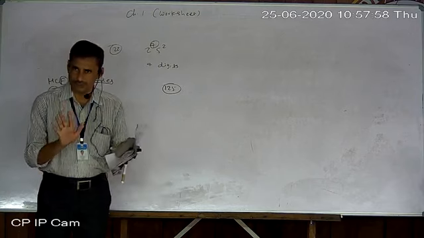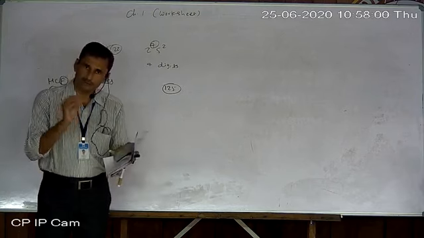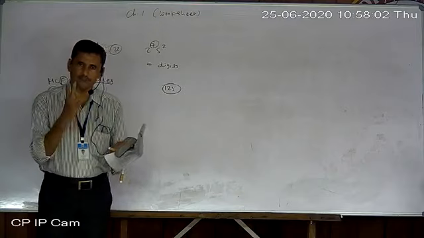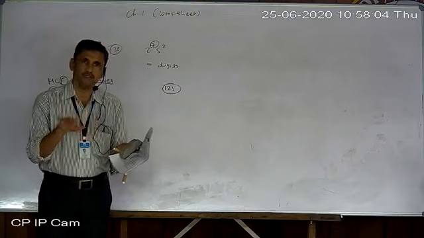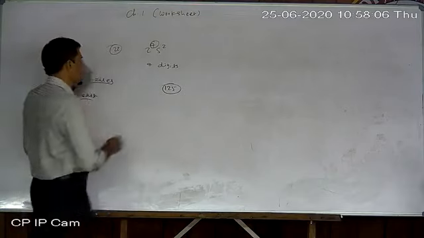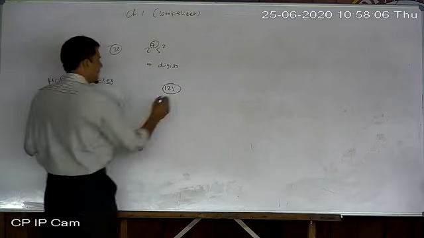If any p by q form number is there, then there are two options: either it is terminating, or non-terminating. 125 is nothing but 5 raised to 3. If in the factorization of the denominator there are only 5, or 2 and 5 both, and no other number, then it is always terminating. So it is terminating, and they are telling that it is non-terminating. So the statement is false.